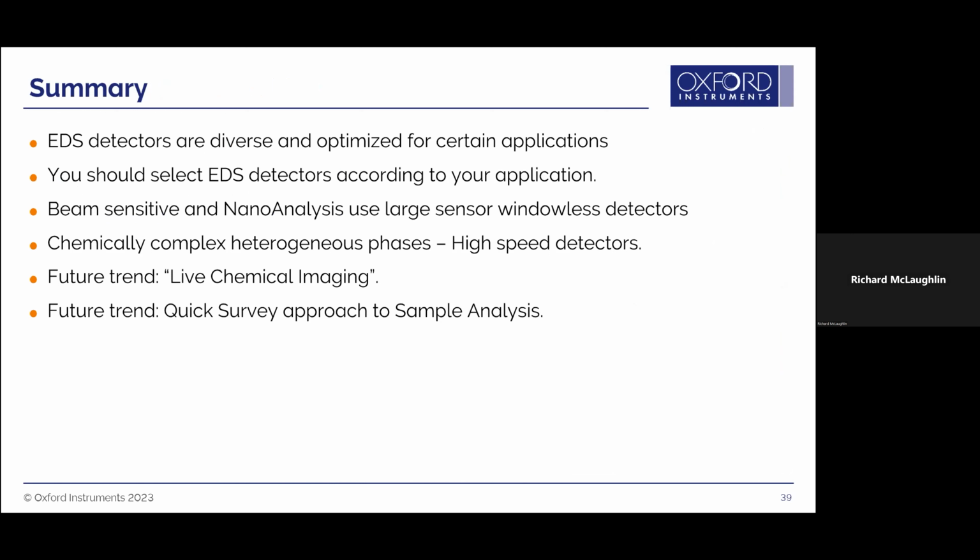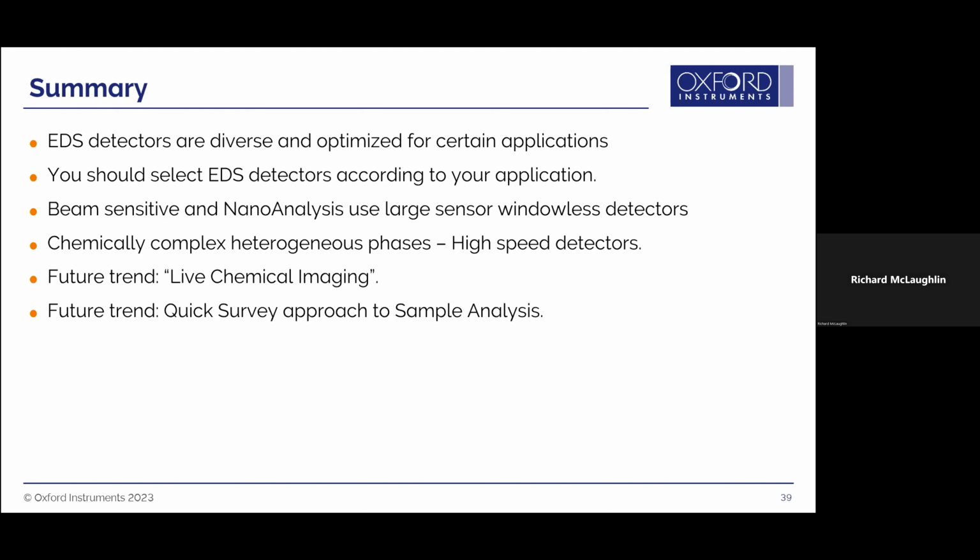So in summary, EDS detectors are not built the same. There's quite a diverse range of detectors optimized for certain applications. If you have a particular application, you should probably select a detector that's optimized for that. So for beam sensitive samples, or if you're really interested in high spatial resolution, you should probably go with larger sensor detectors, especially windowless detectors.